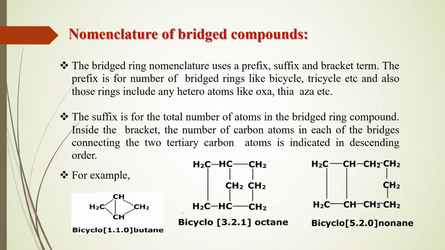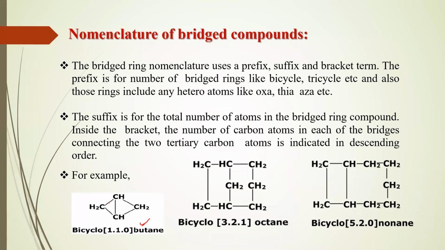Inside the bracket, the number of atoms in each bridge connected to the ternary carbon atoms. The suffix is used for the total number of carbon atoms in a bridge ring compound, like in this compound 4 carbon atoms are present, therefore it is butane.